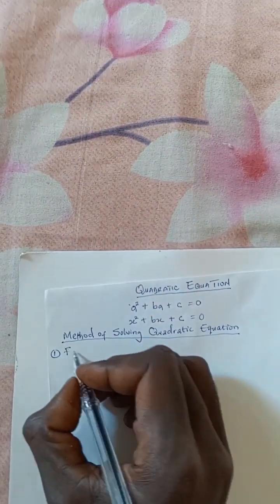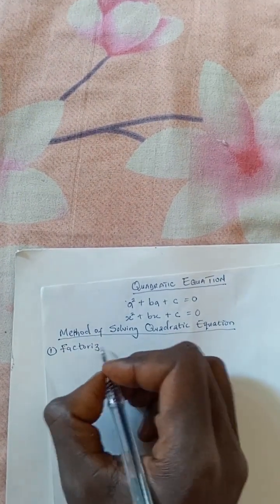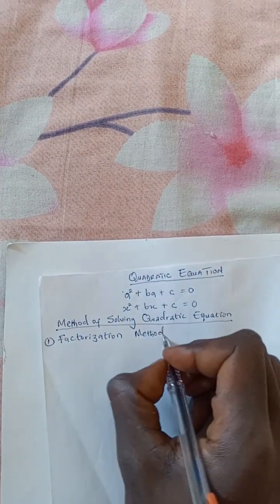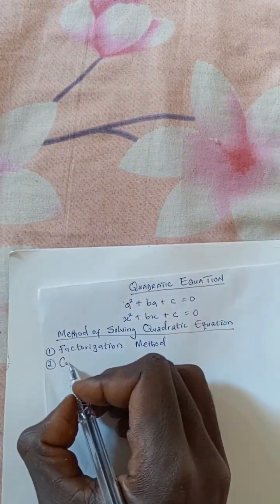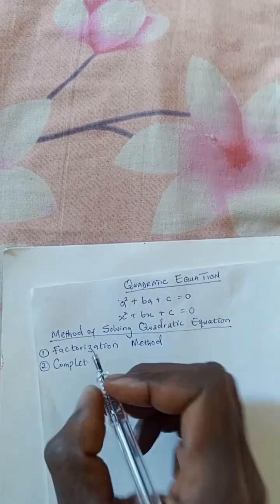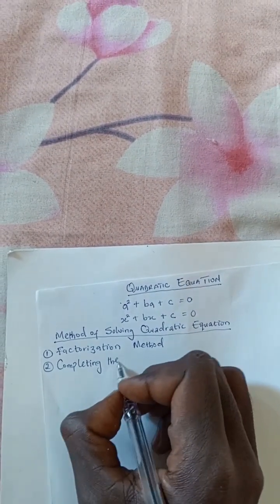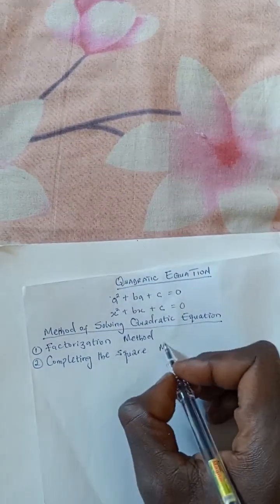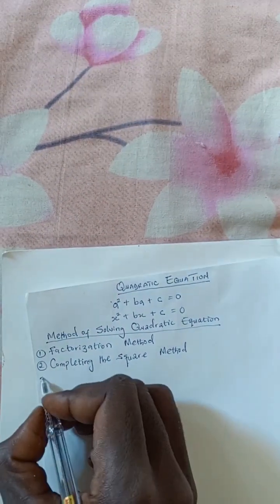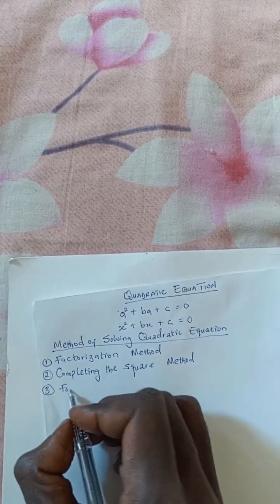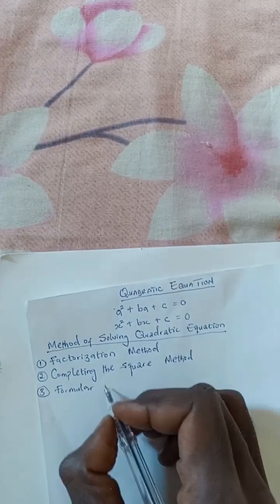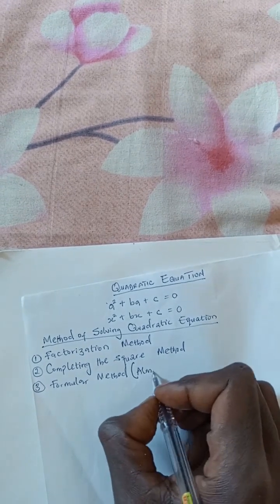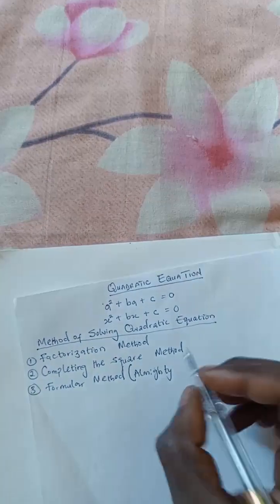We have one, factorization method, and then two, we have completing the square method, and then three, we have the formula method, which is also known as the almighty formula.